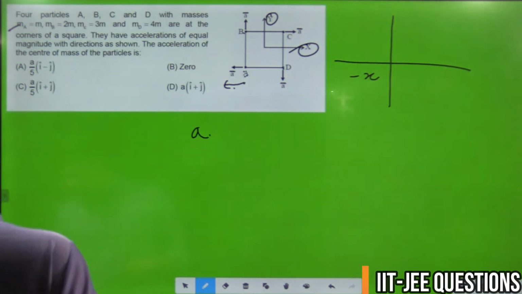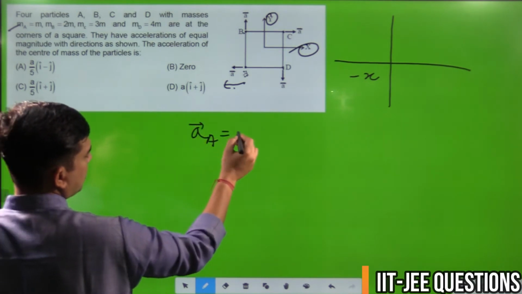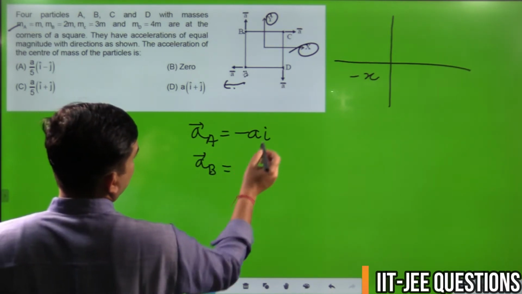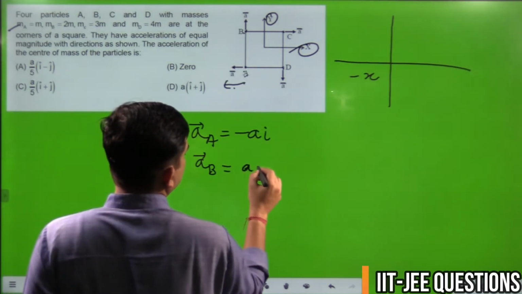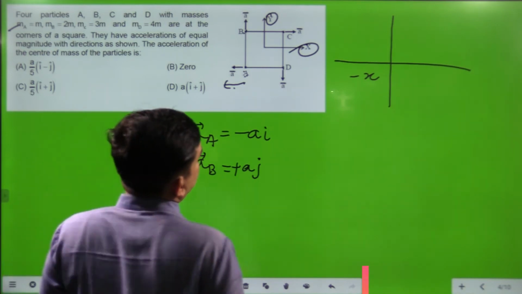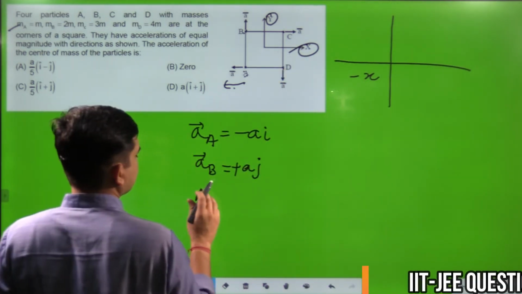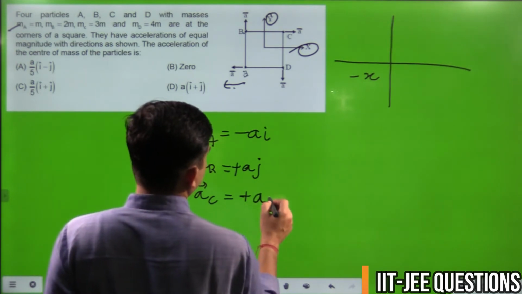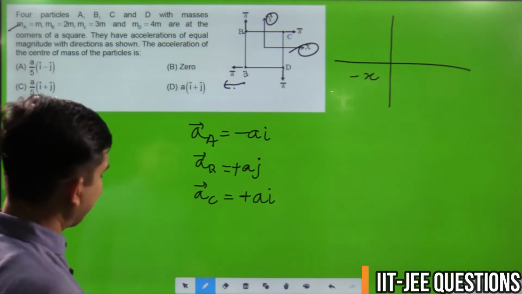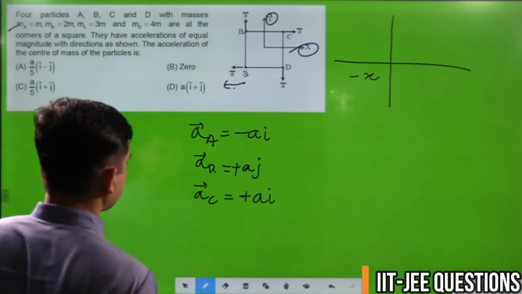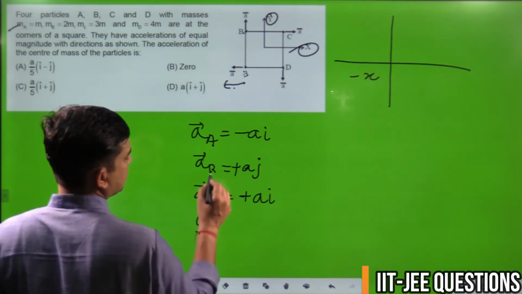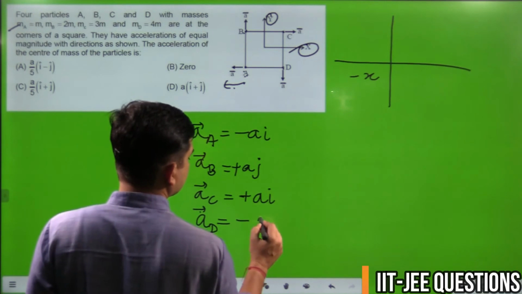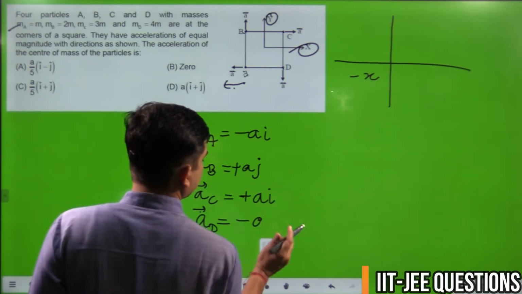Means your a equal to minus a i. Second, the acceleration of point B is upward, plus a j. Third, the acceleration at point C, a C, is plus a i. And fourth, at point D, is minus a j.